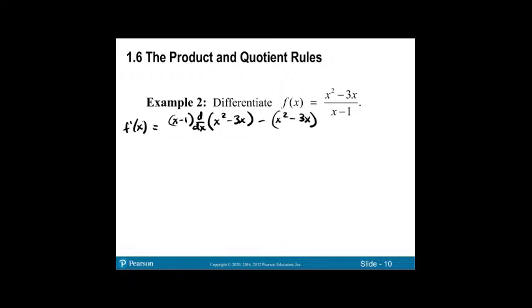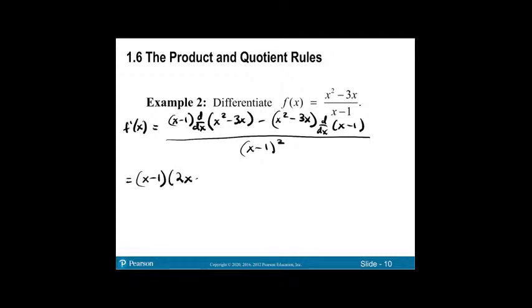So d by dx of x minus 1 over the bottom squared. Okay. So then if we account for these changes, we get this x minus 1 comes down. That first derivative is going to become 2x minus 3 minus this x squared minus 3x. And that's just 1. Okay. We could simplify this over x minus 1 squared.